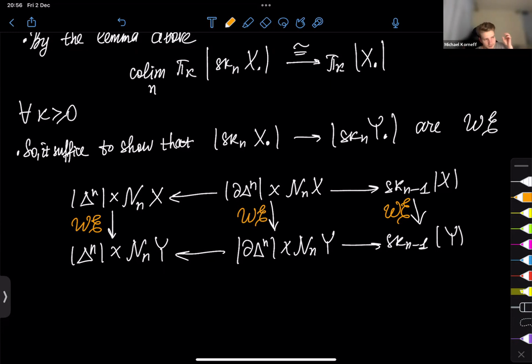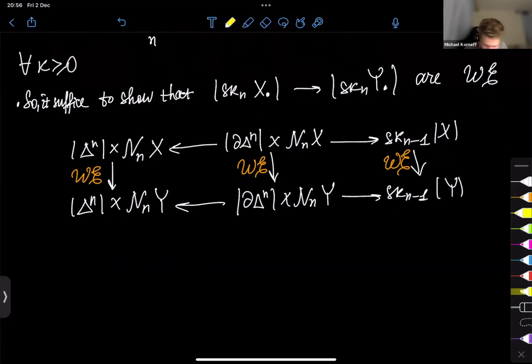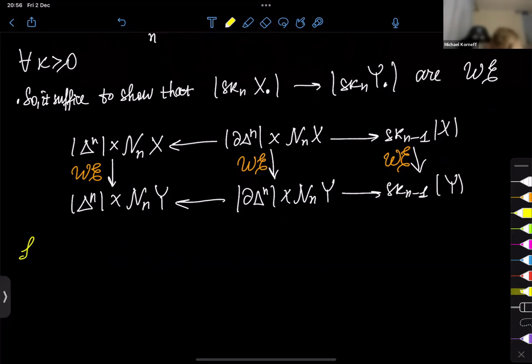It means that we use the following important lemma.